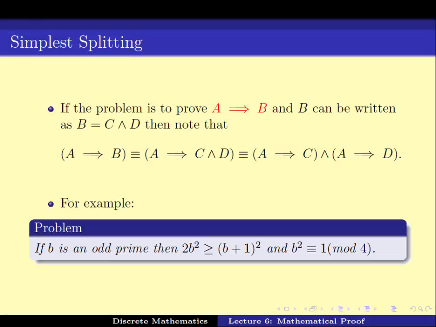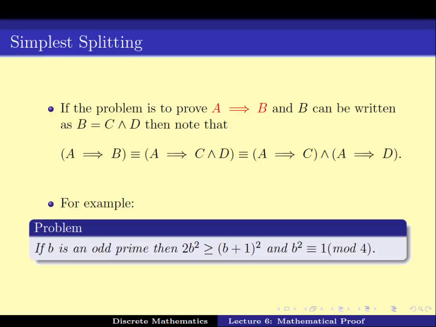For example, consider this problem. If b is an odd prime, then 2b square is greater than or equal to (b plus 1) whole square, and b square is congruent to 1 mod 4. Here I hope that you remember the notations of number theory that were introduced in the first week lectures. Now, if this is the problem to do, just try to understand which is the B here.